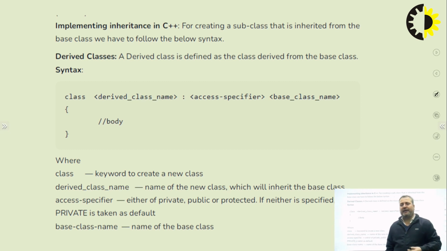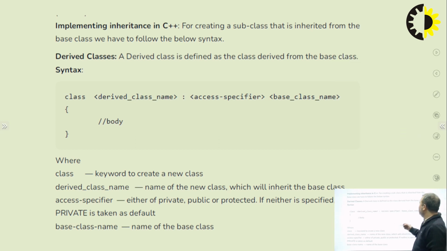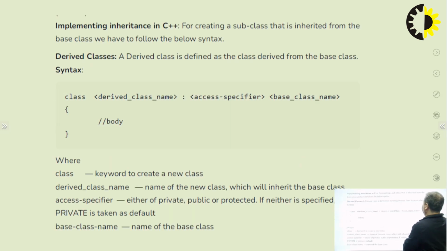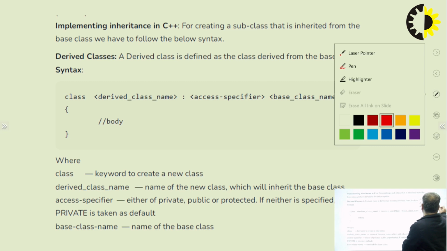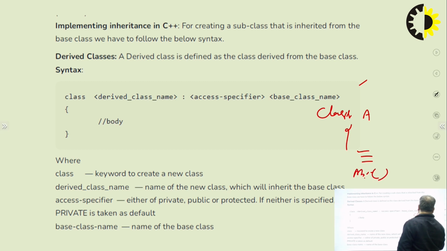First, how is any class created? If we want to create a class, for example, suppose we create a class A. So we write class A, and this could have data like int, float, char, and there could be some functions like ABC.